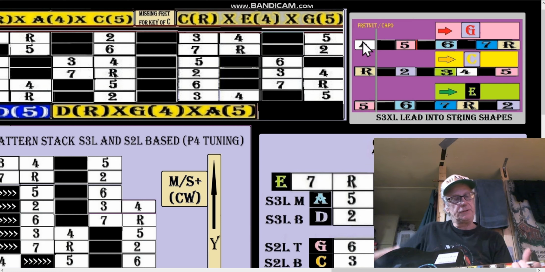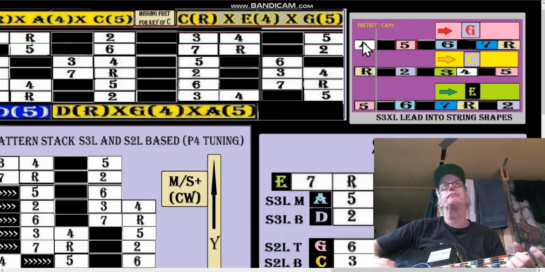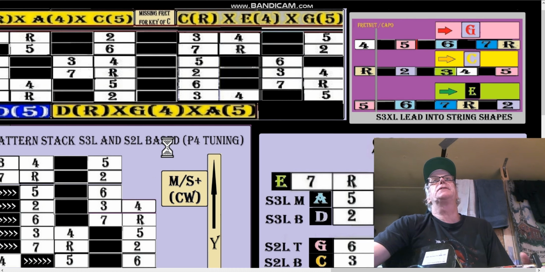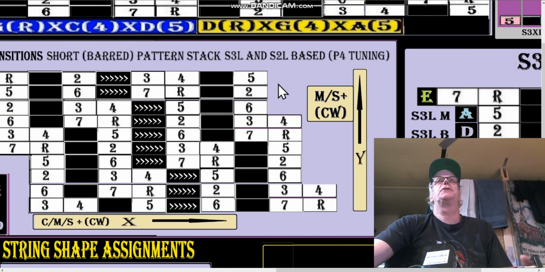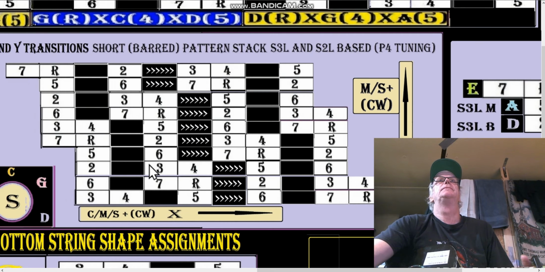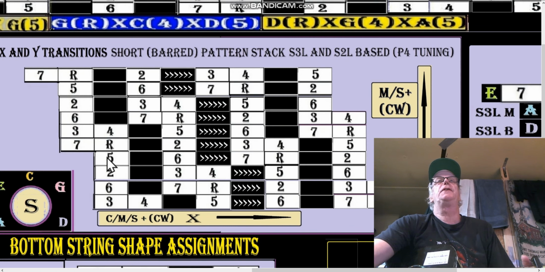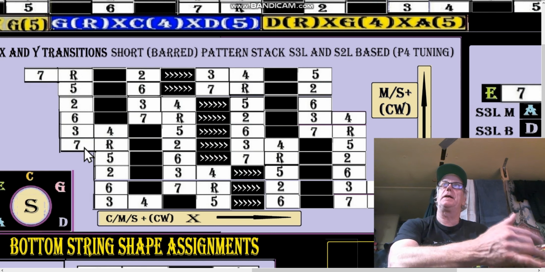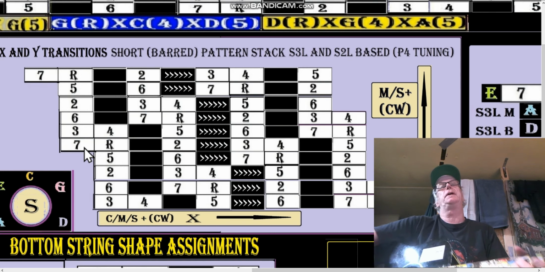Because you can't get these guys, key A would start with E as the 5th, right? That's the low E note. We can't get these guys. They aren't there. They're below the capo or the fret nut.